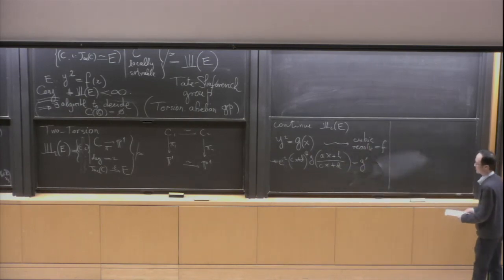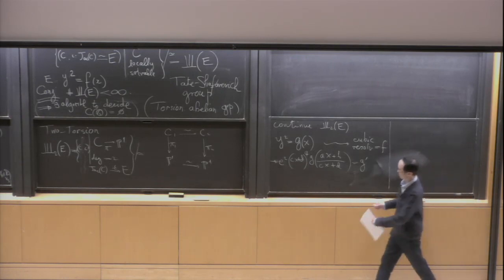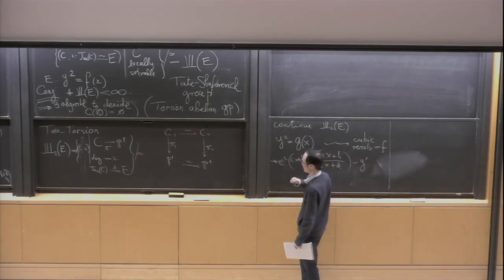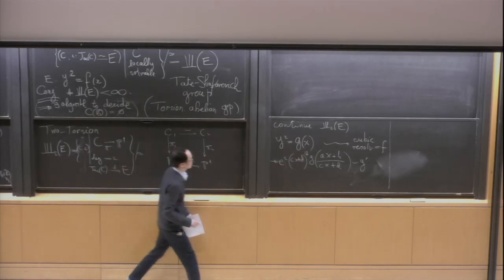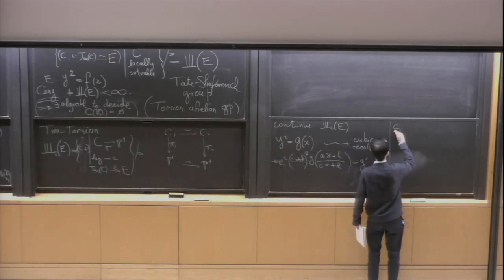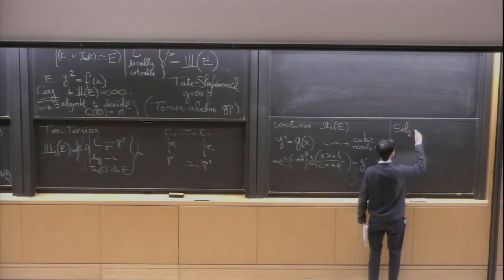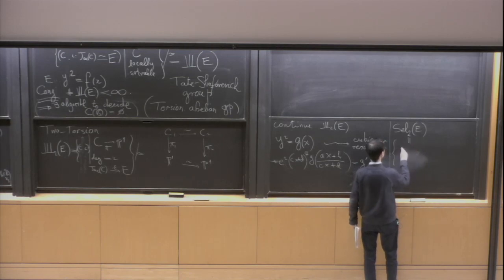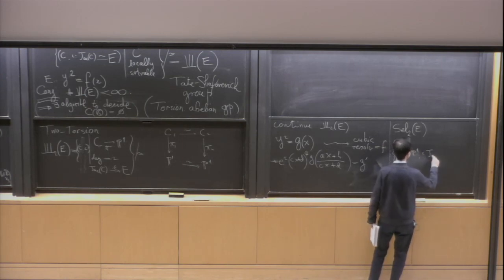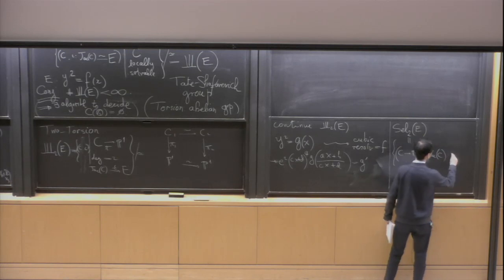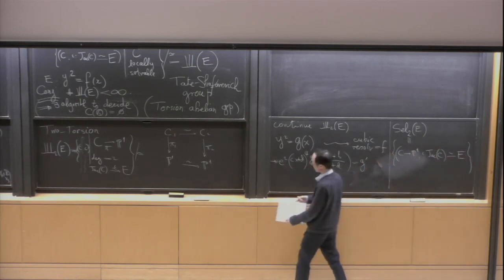If I want to remember this map, this is what they call the Selmer group. So I can define a two Selmer group of E as the set of such maps, and also the Jacobian, up to the equivalence relation I defined here.